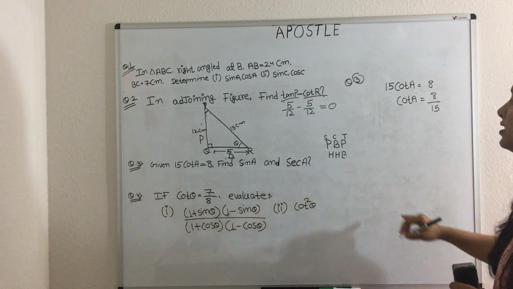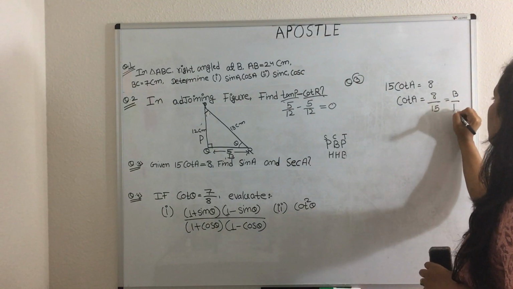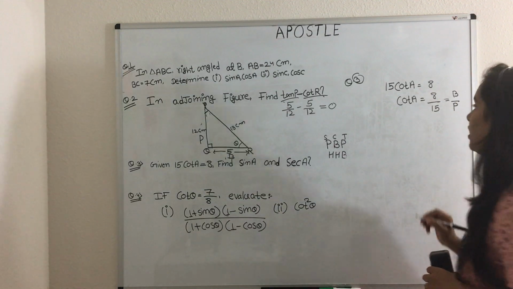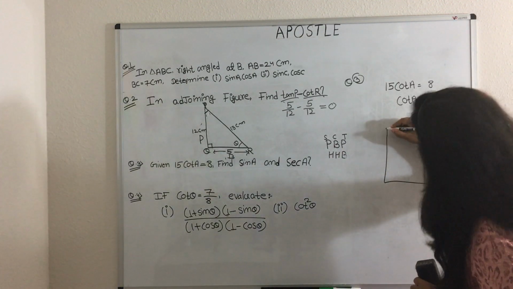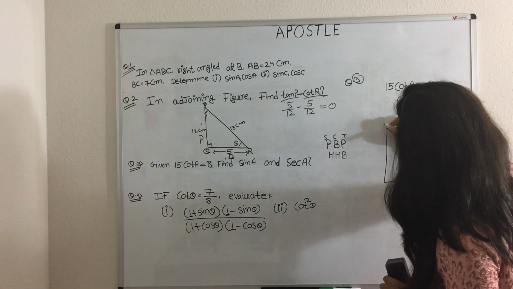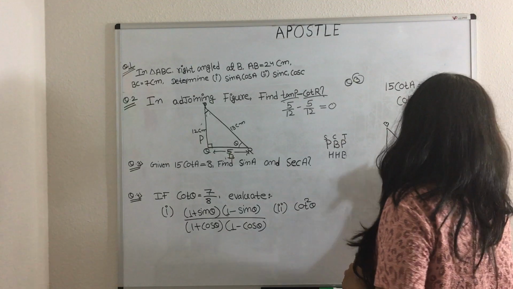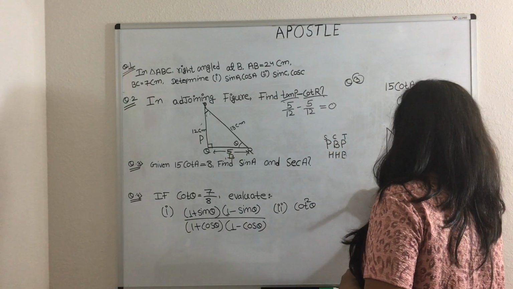Now, what is the value of cot A? Cot is the reciprocal of tan, so it is base upon perpendicular. Clear? Now we are going to consider a right triangle again, and we give the right triangle the name ABC.